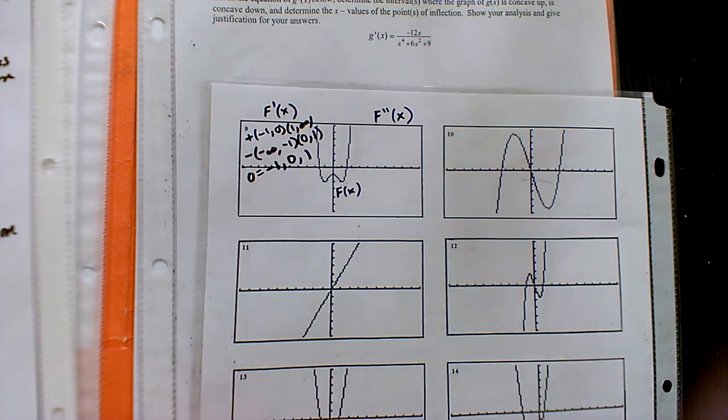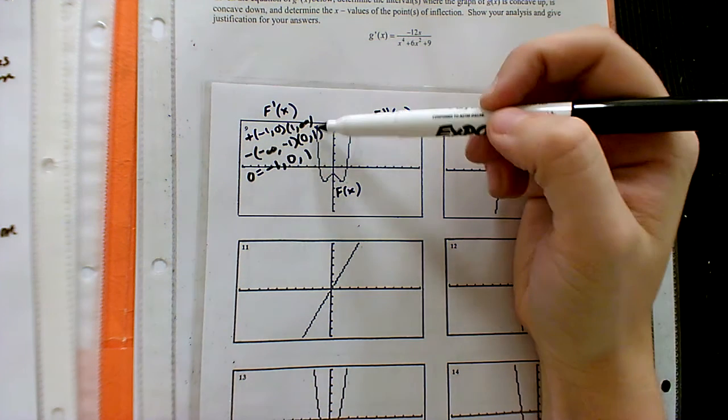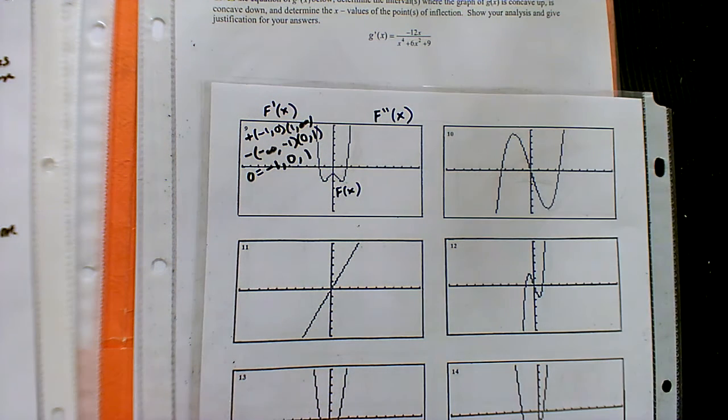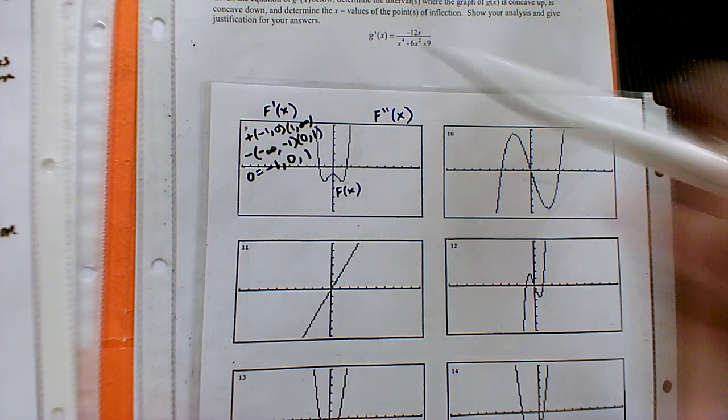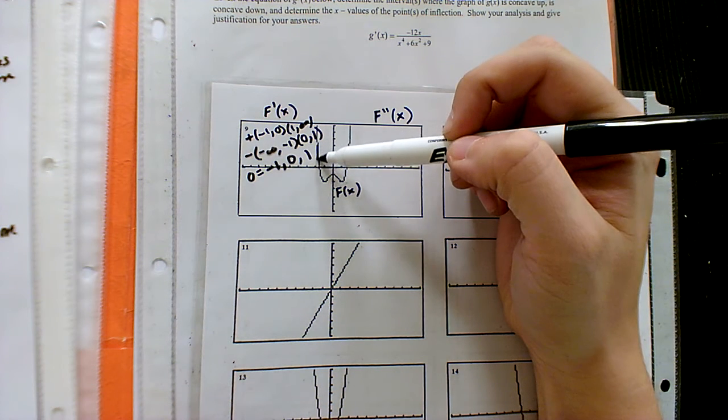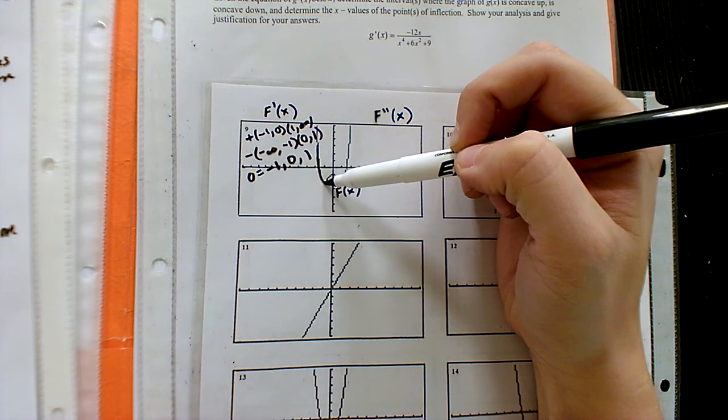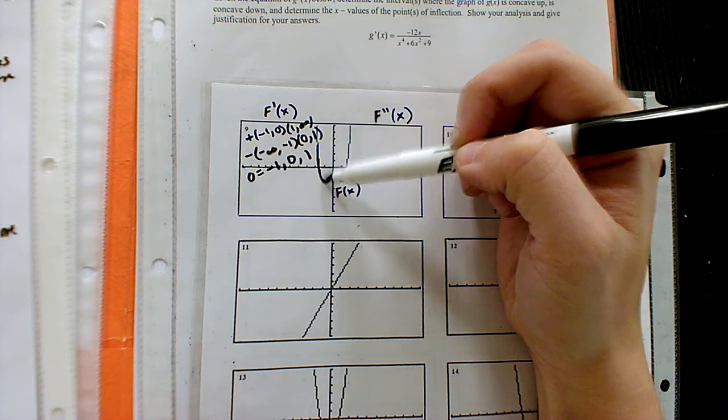What about the second derivative? So now we're going to look at curvature. Okay, can we determine where this original function is concave up and concave down, roughly? If you start to trace it, are we concave up or concave down? Up.